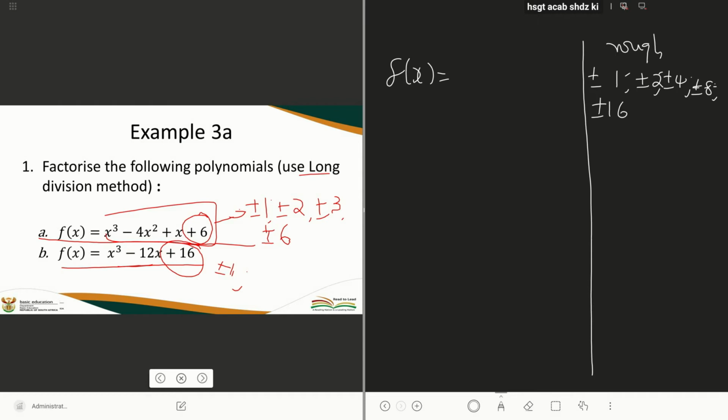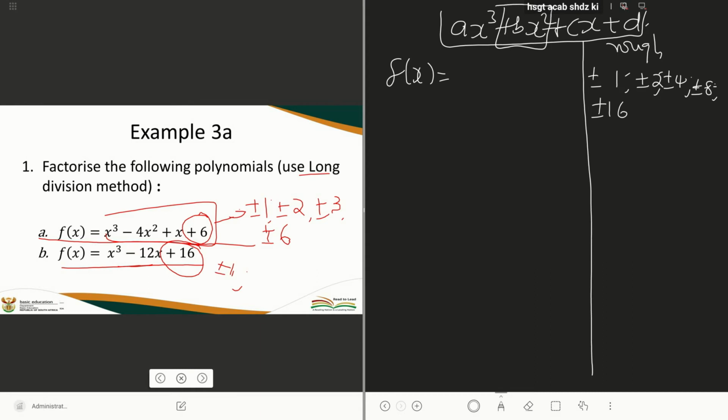Those are the possible factors of 16. But in this case, if you look at this polynomial, other terms are missing. Remember, we are saying this cubic polynomial should be in the form of ax cubed plus bx squared plus cx plus d, right? But in this case, the second term, plus bx squared, is not here.